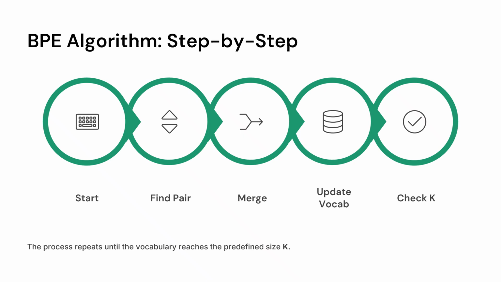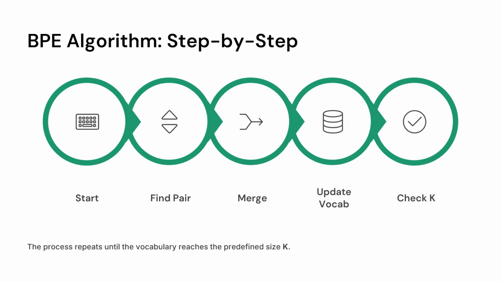So this is the entire step-by-step pipeline of the byte pair encoding algorithm. We first start by taking all the characters present in our corpus or vocabulary. Then we find the pair of characters or subwords which occur together the highest number of times, and we merge them together.